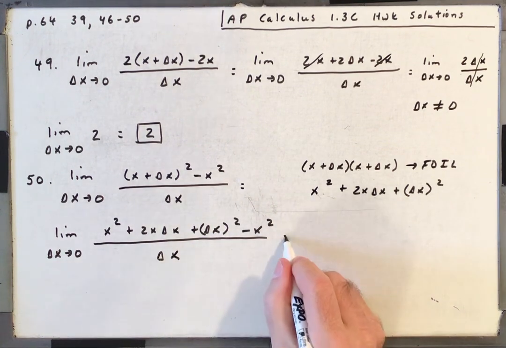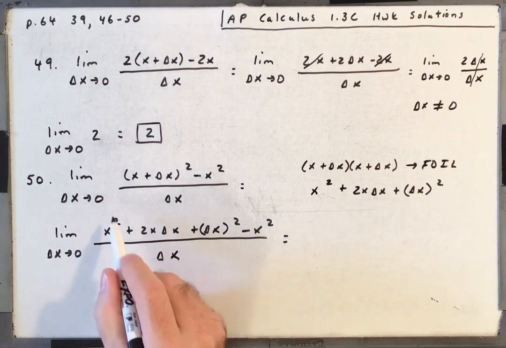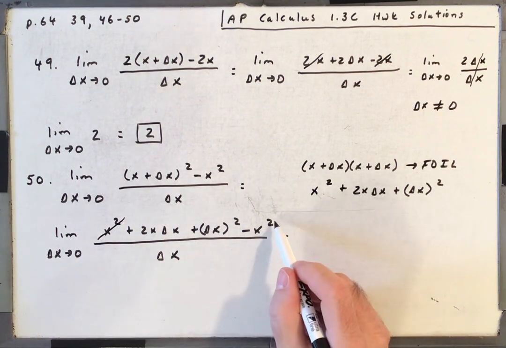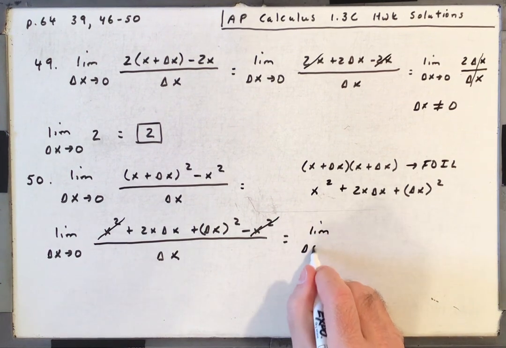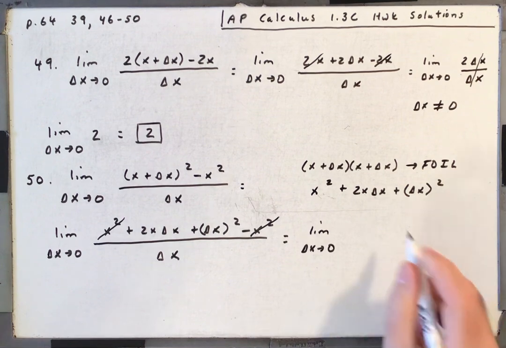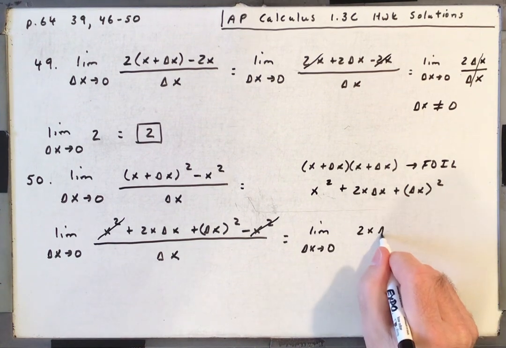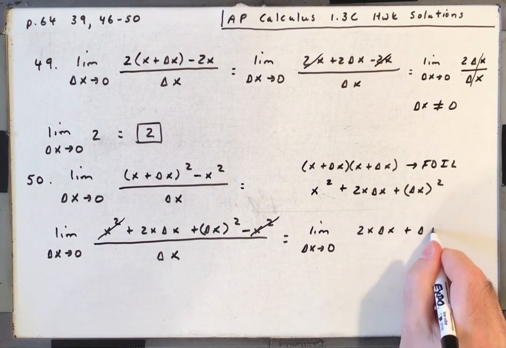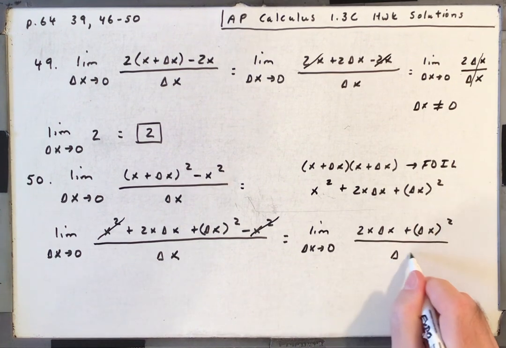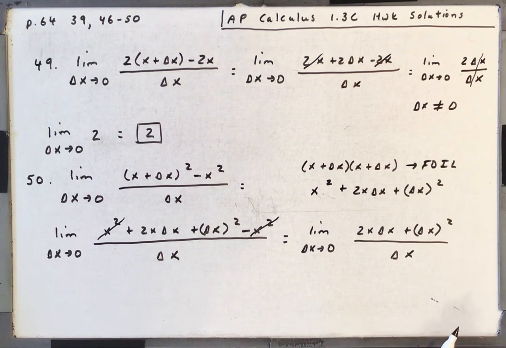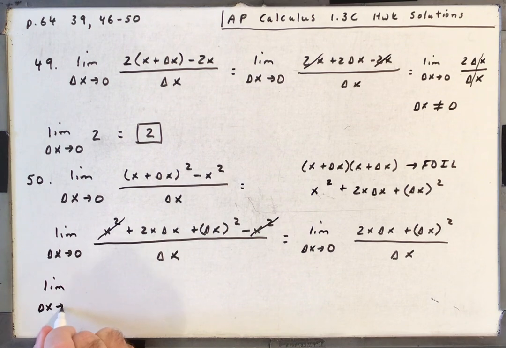over delta x. Well, what happens to the x squareds? Doinkarooski, doinkarooski. And I've got the limit as delta x approaches 0 of 2x delta x plus delta x all squared over delta x. Now, what am I going to do? What could you factor out of the top? That might allow us to cancel something.